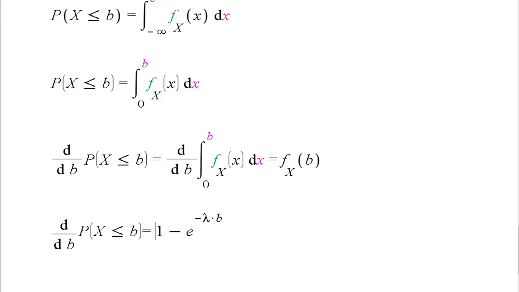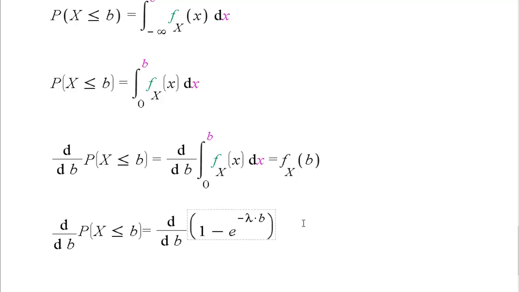We're going to take the derivative of it with respect to b. So the derivative of the probability that x is no larger than b is the derivative of this expression, and that derivative is going to be equal to the PDF evaluated at b.